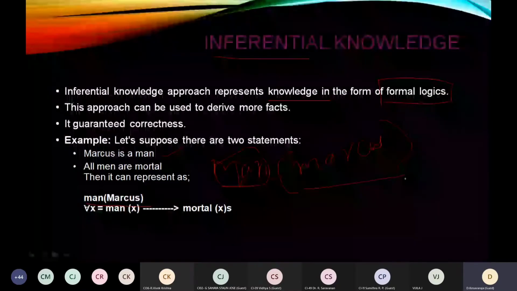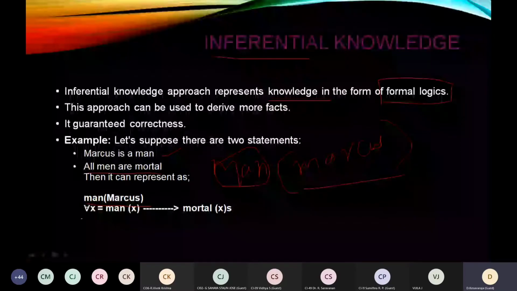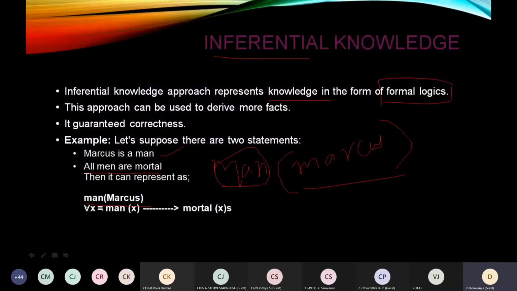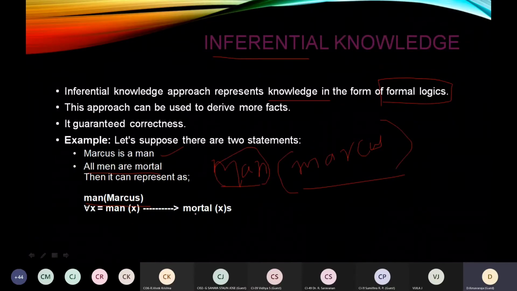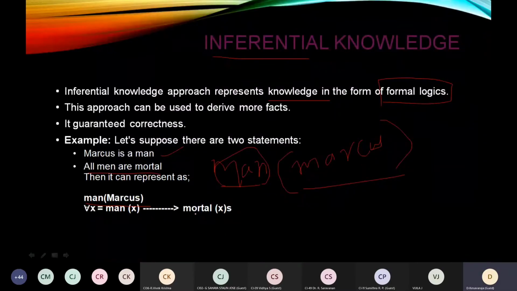Then the inference system: all men are mortal. You can easily represent this in the form of for all x, man of x implies mortal of x. So this kind of simplest formal logic representation is called inferential knowledge.